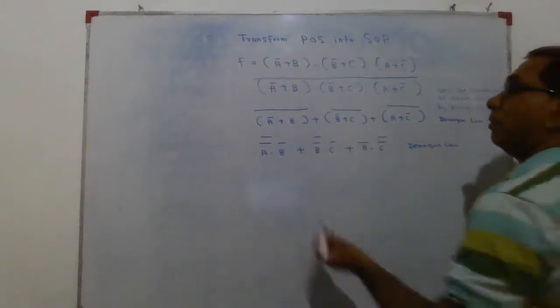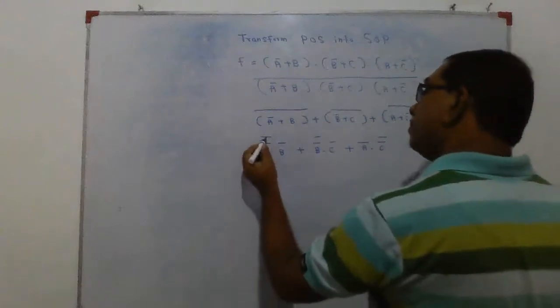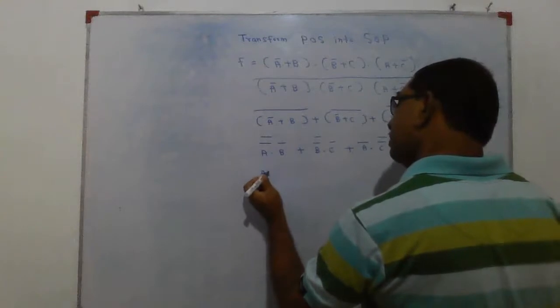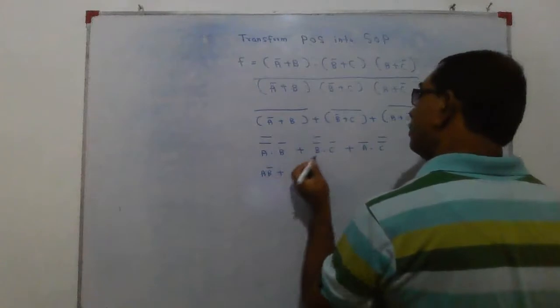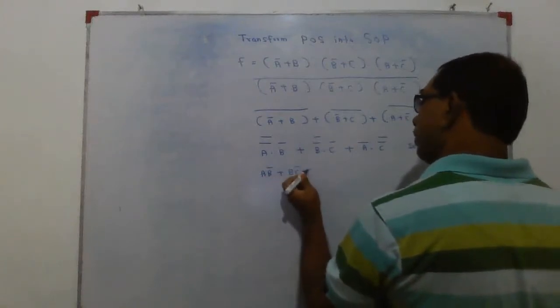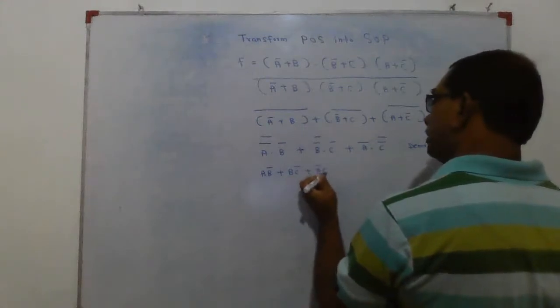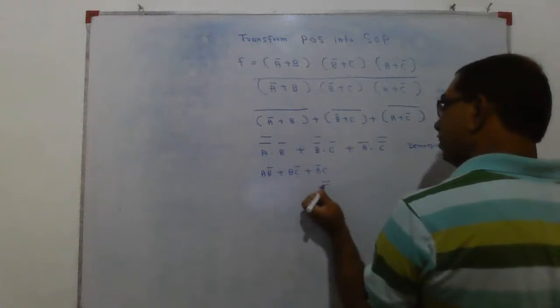Now what we can do, we are going to use the double inverse law. So double bar is removed. We take A and B. I don't use the dot here. A and B bar. O, B and C bar. O, A bar and C. This is actually a double complement.